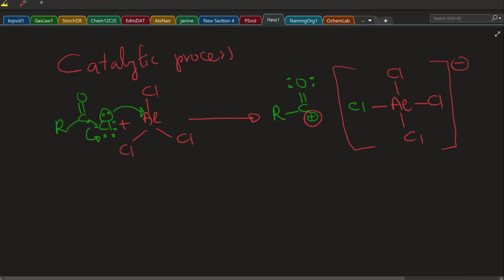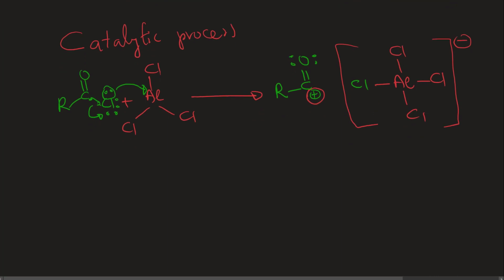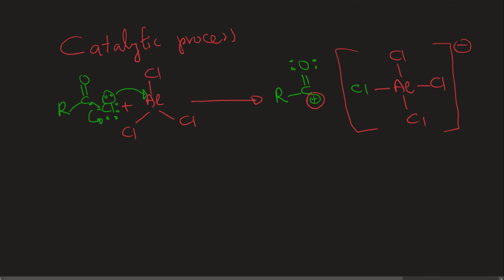Acylium for the positive. Remember that one. This cation actually has resonance stability as well. I will show you in a moment. Here I drew it with the 120-degree angle. See what happens in a moment.